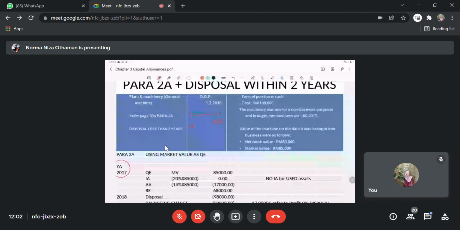So you boleh tengok dekat sini dia purchase on bulan 2, 1st February 2016. So bila 2016 bermaksud dekat sini should be 2017 lah kan. Semua kat sini 2016.